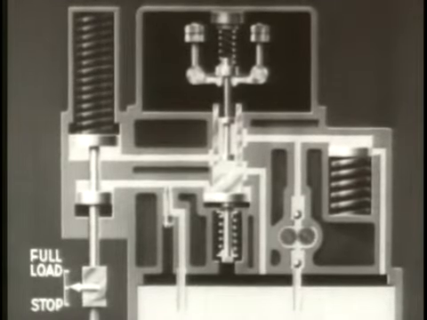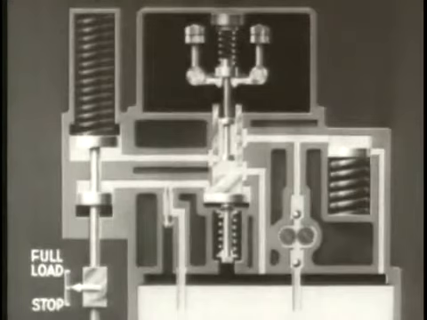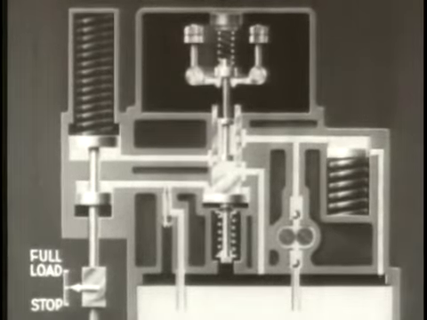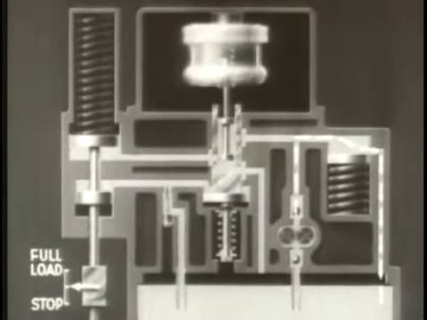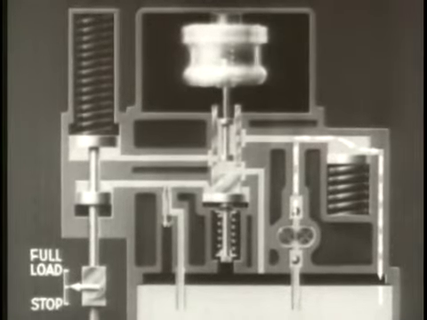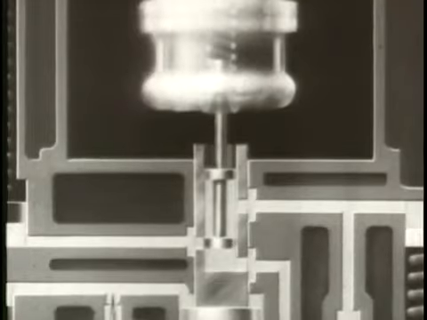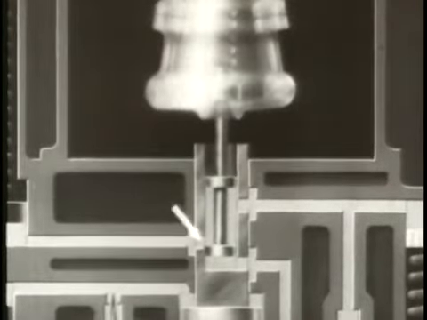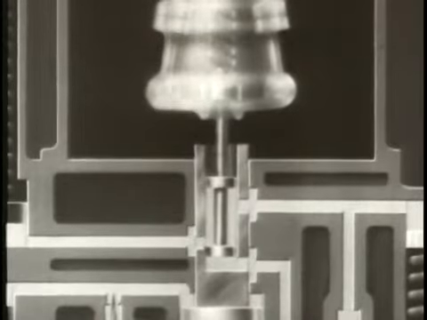In actual operation, the events which we have seen step by step take place almost simultaneously. Let us review the operation of the governor in maintaining the engine speed under a suddenly increased load. The engine speed drops and the flyweights move inward, lowering the pilot valve plunger.